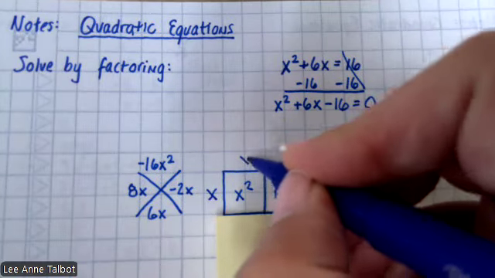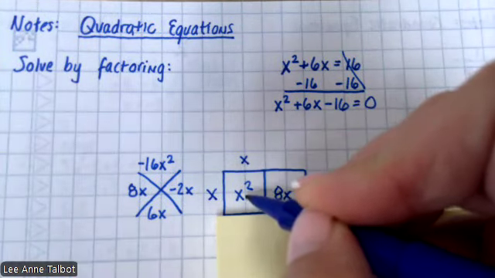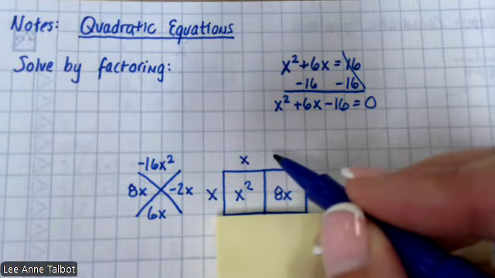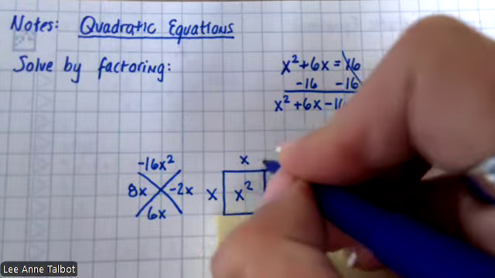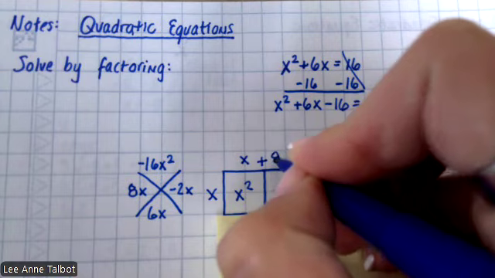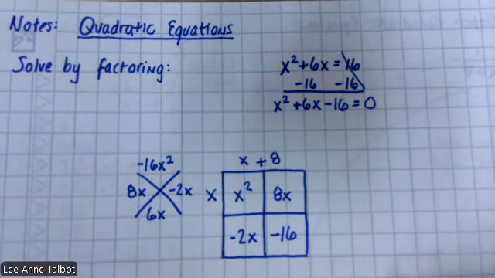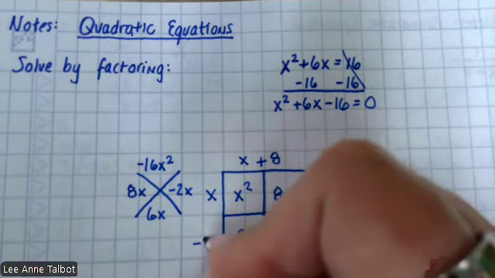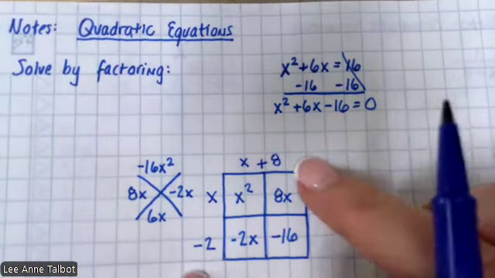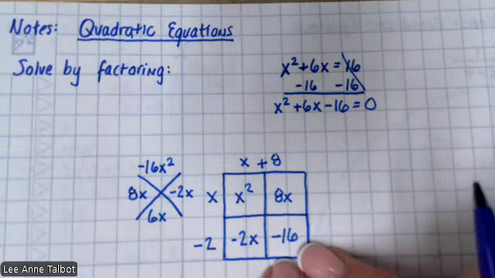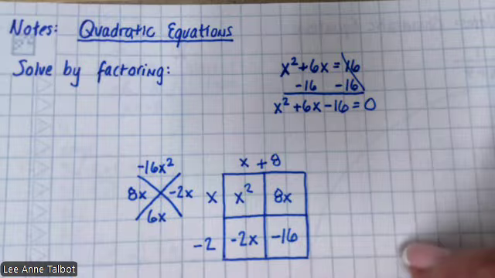X times x is x squared. X times 8 is 8x. X times negative 2 is negative 2x. And then I just do a little check in my mind to make sure that that last box makes sense. Negative 2 times 8 is negative 16.